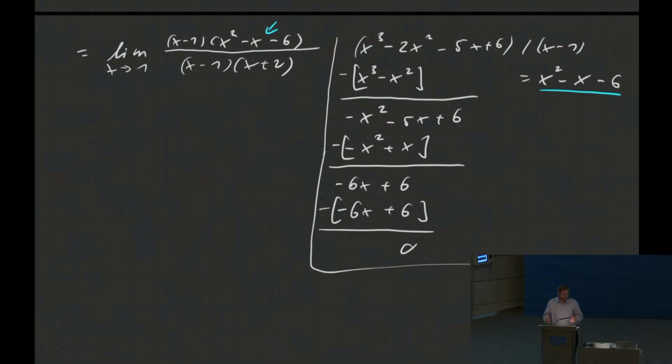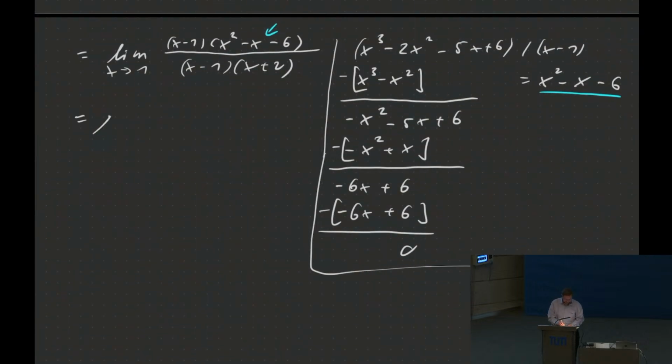All right, and now we can just cancel out the x minus 1. So we get x squared minus x minus 6 over x plus 2. And if we now just evaluate that, what we get here is 1 minus 1, that is 0, minus 6.